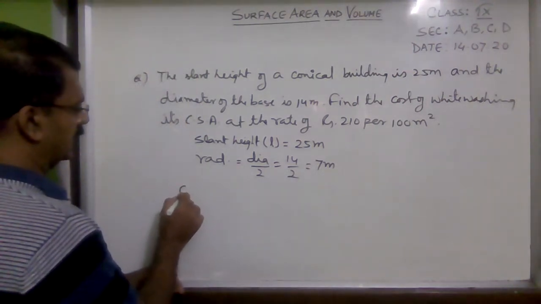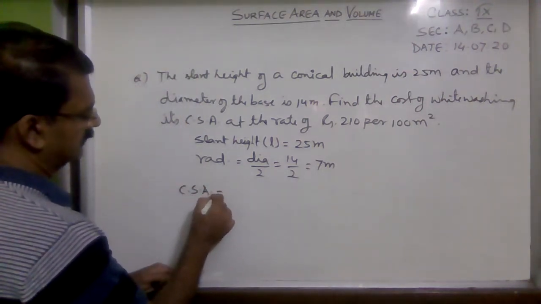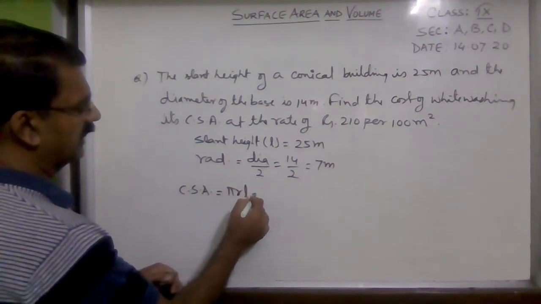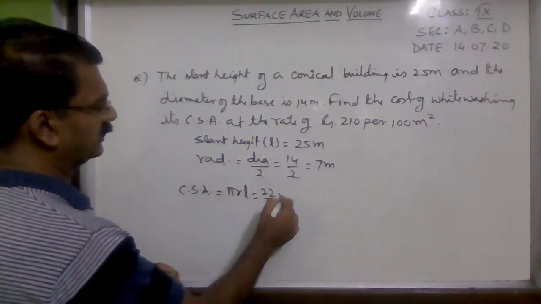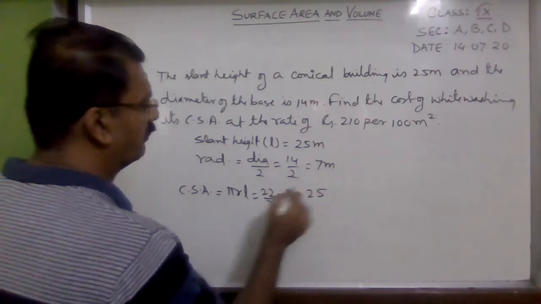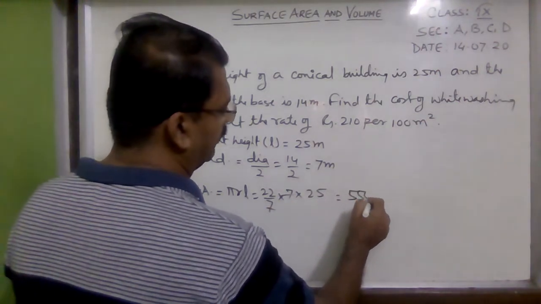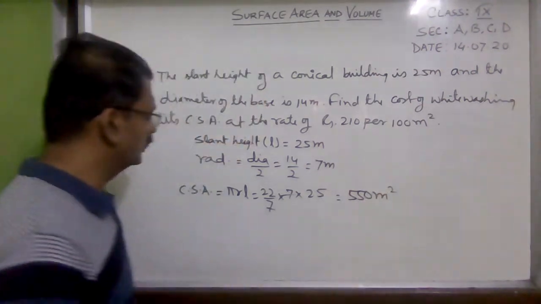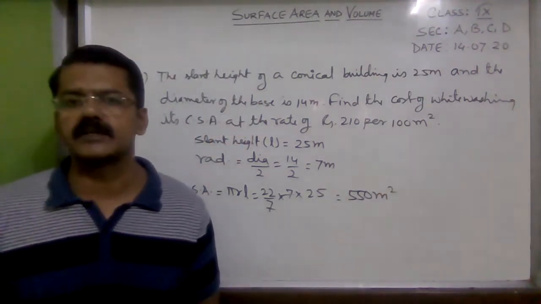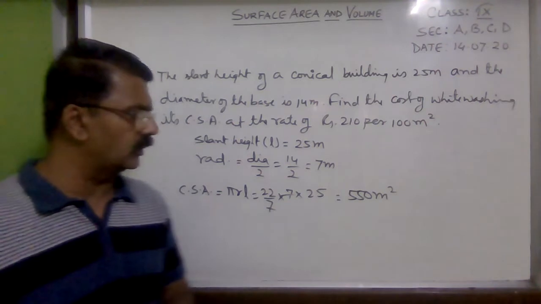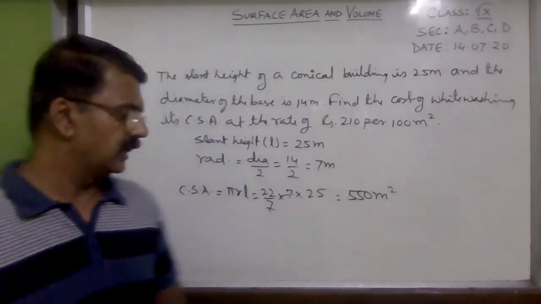Now curved surface area is pi RL, 22 by 7 into 7 into 25, that is 25 into 22, 550 meters square. So the curved surface area is 550 meters square, or the area that has to be whitewashed is 550 meters square.